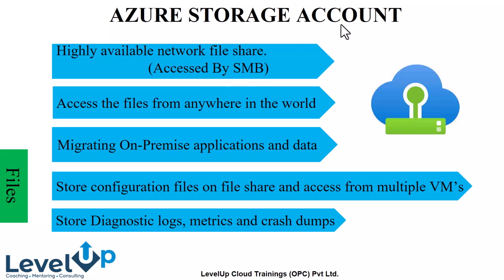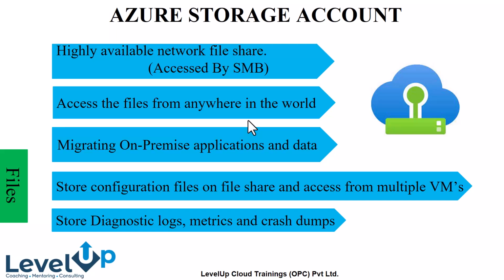With the help of this, you can access the files from anywhere in the world. If you put your file on a file storage on Azure, you can access that file from anywhere in the world. This is also one of the best options to migrate your on-premises applications and data.